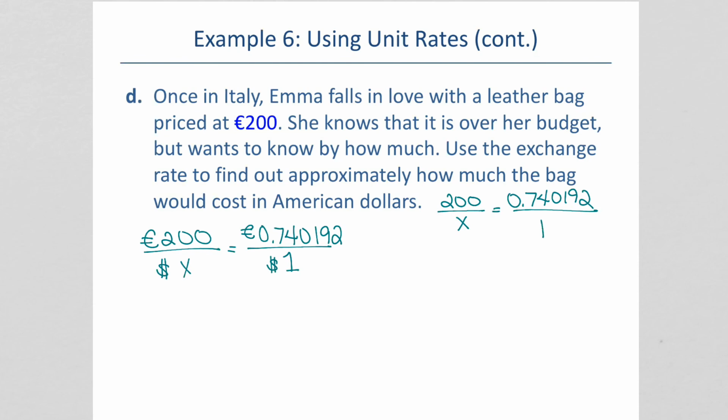So let's see, cross multiply, 0.740192x is equal to 200 times 1, which is just 200. And so divide both sides by 0.740192.